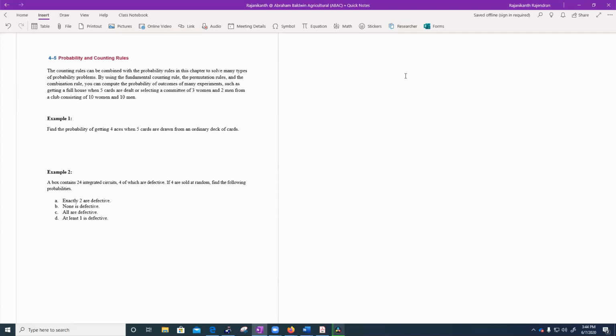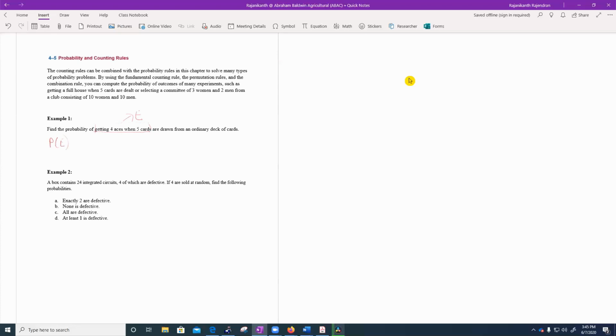You could think of this as the given event E, getting four aces out of five cards. So the question is simply finding P of E, right?